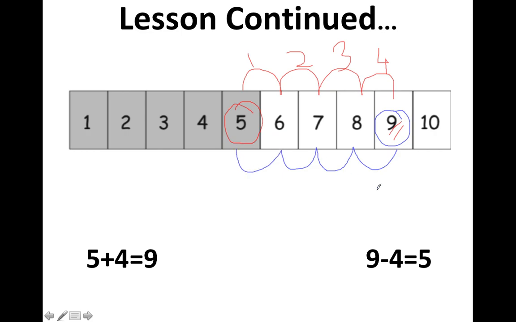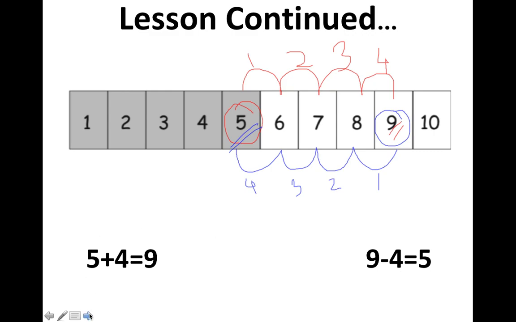I will label it to show that I'm jumping 4 spaces backward, just like our number sentence here. And again, I landed on 5. So I know 9 minus 4 equals 5.